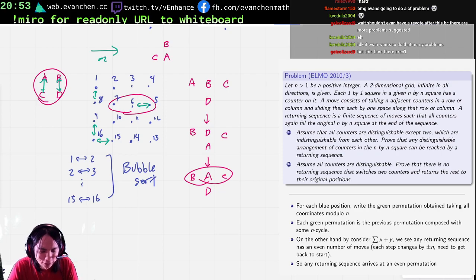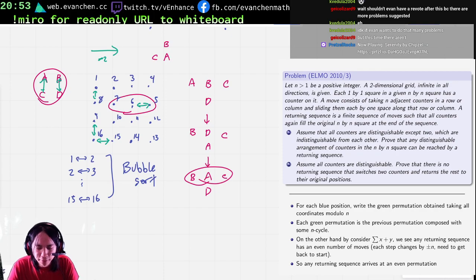Each step of the operation increases the sum by plus n or minus n. So any returning sequence must have an even number of steps.